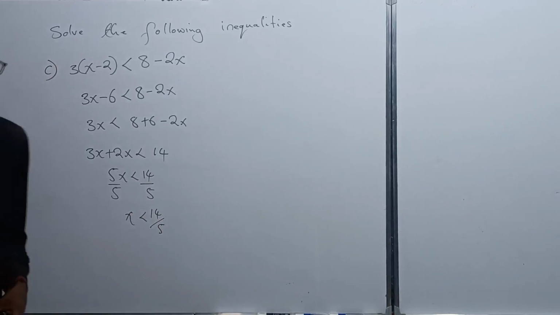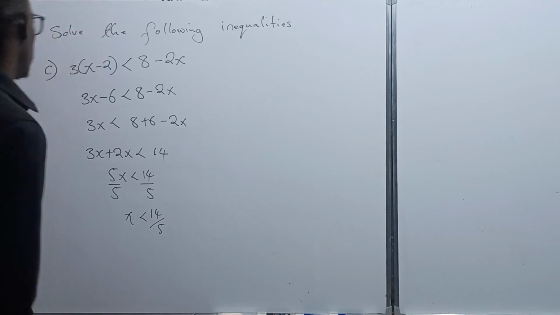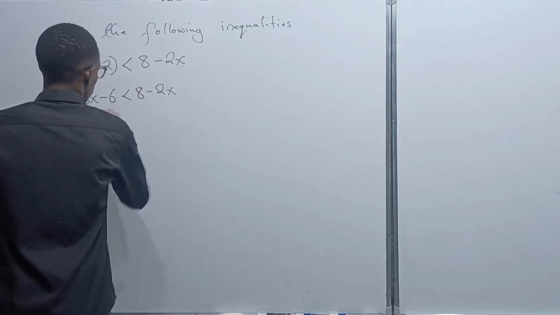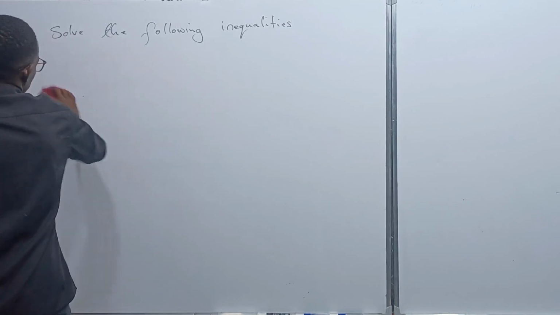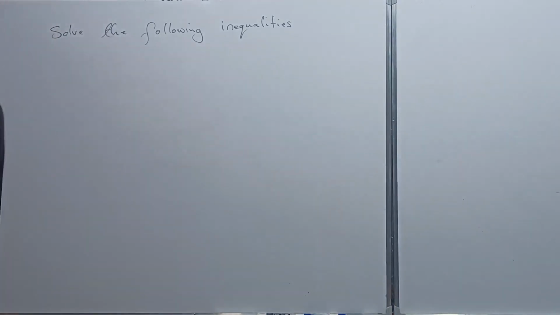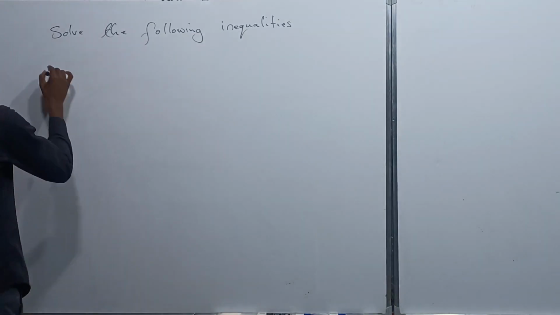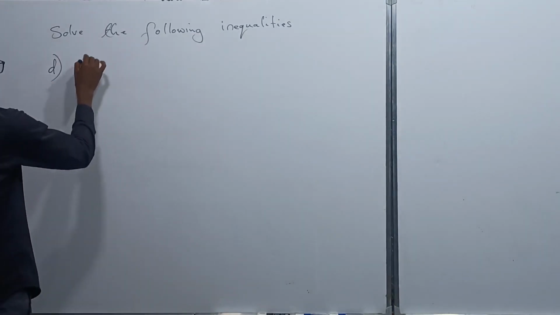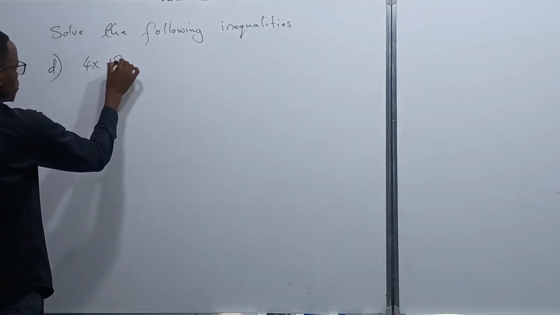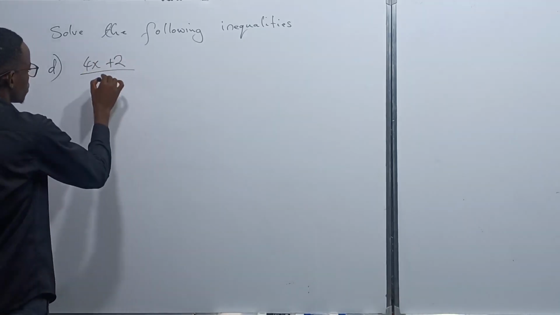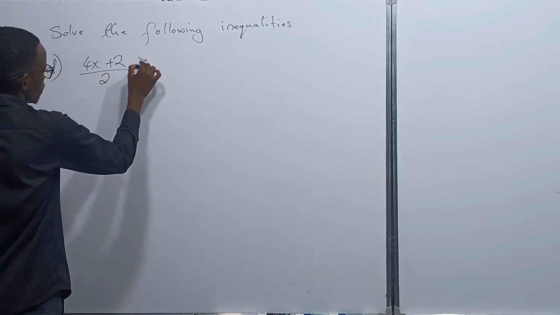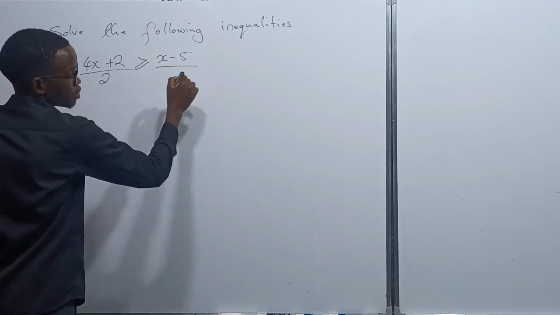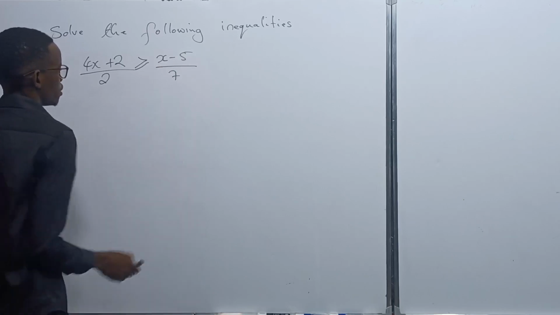Okay, so we look at the next inequality that follows. That's D. Question D, we have 4x plus 2 over 2 greater than or equal to x minus 5 divided by 7.